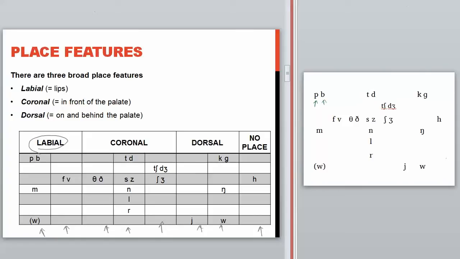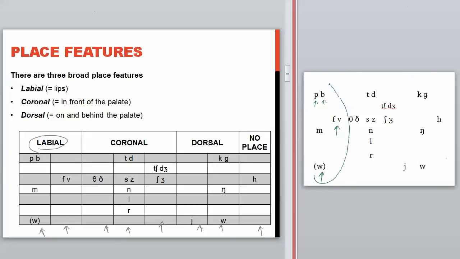Now, when we're dealing with features, we can consider both bilabials and labiodentals to be of the feature labial, alright? So these are going to be considered labial. Now, place features don't carry a plus or minus because they're considered to be not binary.